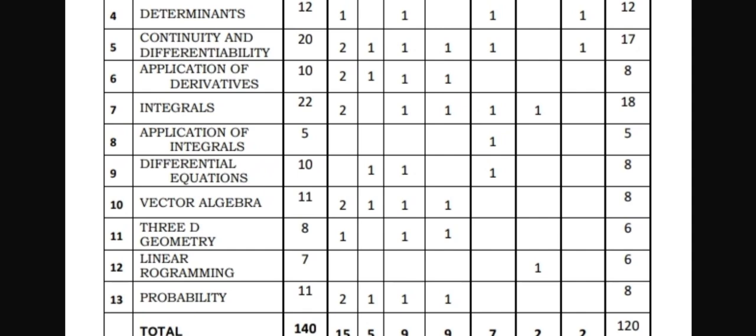Here there is another important concept, vector algebra. For vector algebra there are two multiple choice questions. Usually in multiple choice questions on vectors, they give direction ratios and ask for finding the direction cosines, or based on the xyz plane they give some directions.